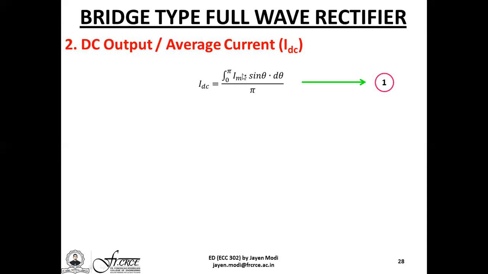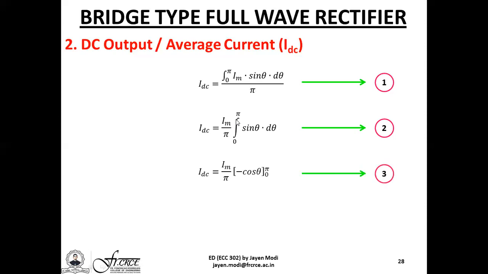Im represents the maximum or the peak current. Equation number 1 can be further simplified by taking Im and pi outside, because both of them are constant terms. So you have to integrate sine theta between the limits 0 to pi. This gives us equation number 3 as IDC is equal to Im upon pi, brackets open, minus cos theta, upper limit is pi, the lower limit is 0.